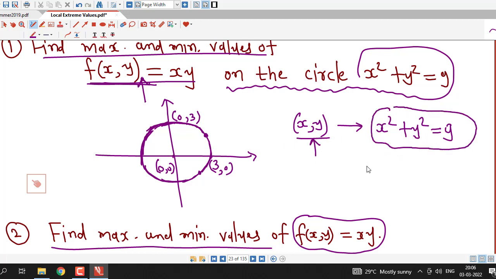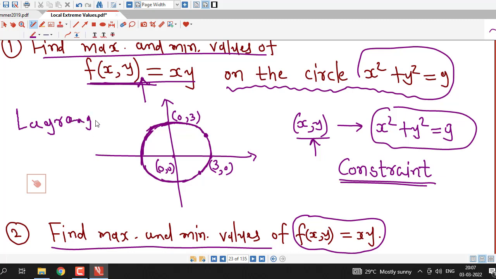So we have some restriction, or we can say some constraint. Another word for constraint is restriction. If we are given some restriction in the problem of finding maximum and minimum values, then we apply the method of Lagrange multipliers to find the maximum and minimum values of the given function subject to the constraint.